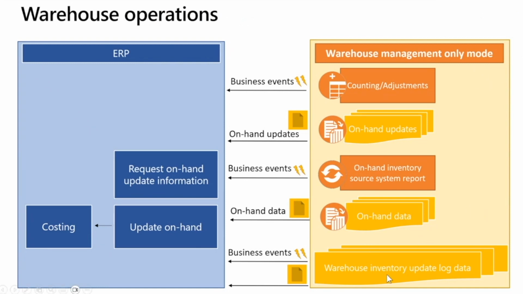And finally, as part of the 10038, we do have a warehouse inventory update log process. Basically, every transaction update that happened will be collected, and depending on your setup, as a quick setup process when you set up the system, it will set up a periodic 10 minute process. It will kick off and collect information like a header line concept, so you can be informed about this data.